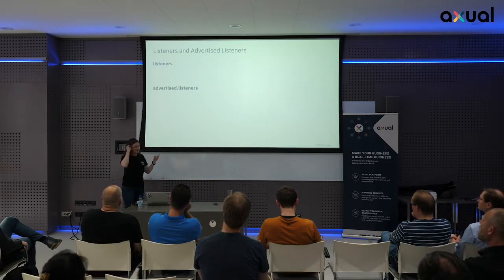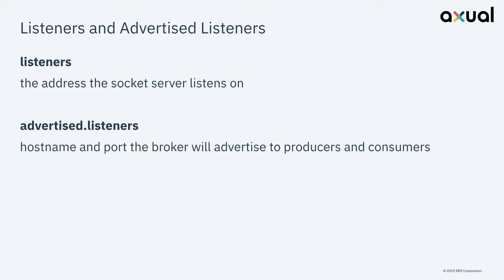But the key piece from a Kafka point of view that I think a lot of people don't realise is that there's a difference between your listeners and your advertised listeners within Kafka. The listener setting that you will have set up in Kafka is the address for your Kafka to listen on. Your advertised listeners is basically what you tell everybody else to come in on.